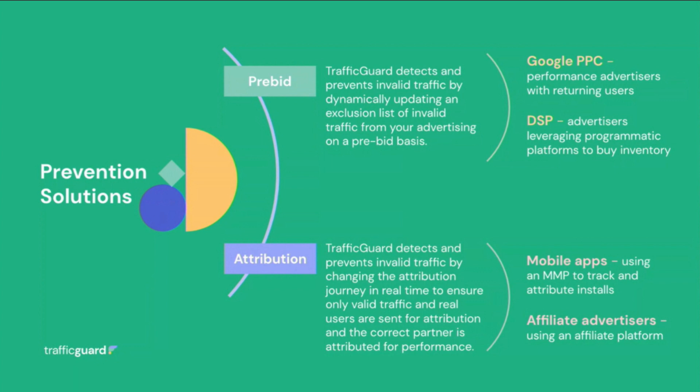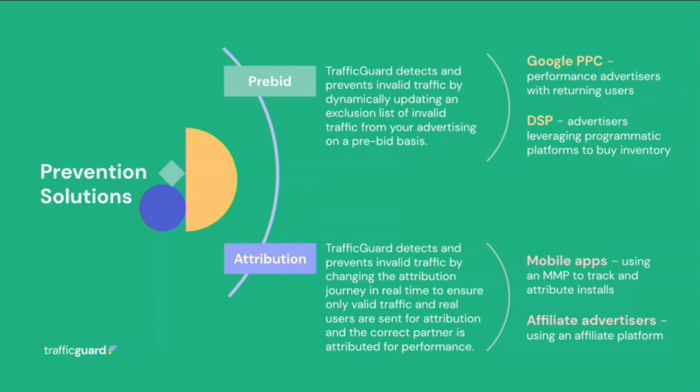And we have lots and lots of tools and integrations to do that within the Google PPC channel, within DSP and programmatic channels. And another key way that we also prevent fraud and invalid traffic is on an attribution basis. So for advertisers that are not buying on a CPM or a CPC, but they're paying on a CPA, so they're paying on conversions, then in real time, we correct the attribution. So we change the attribution journey of that traffic.